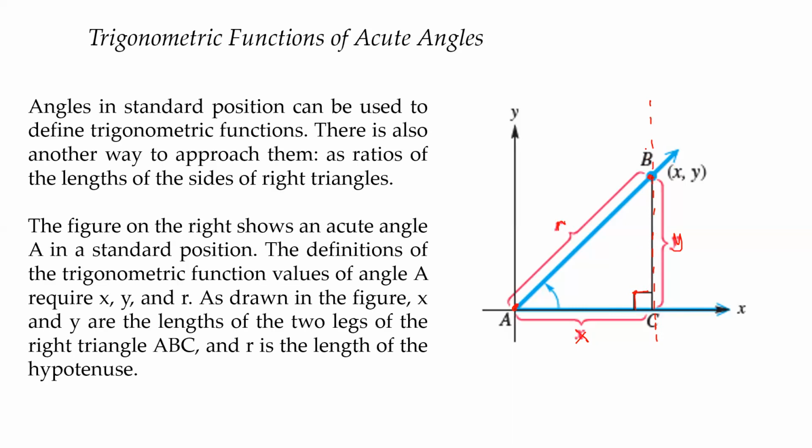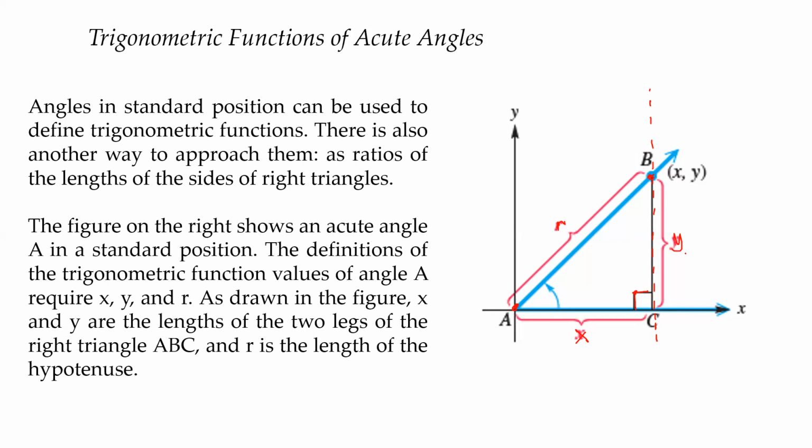And to solve for our r, we'll use the distance formula, which we have derived. Now, angles in standard position can be used to define trigonometric functions. There is also another way to approach this, and that is in terms of ratios of the lengths of the sides of a right triangle. Since we have created a line that passes through point B and it bisects the x-axis, we have created a right triangle, right?